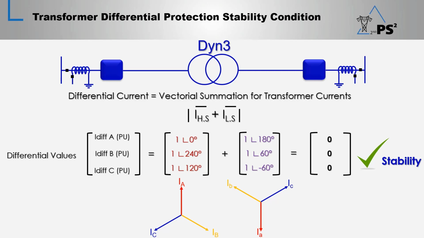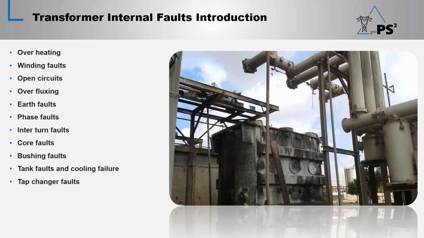And finally, for the last phase, 1 angle 120 plus 1 angle minus 60 will equal also 0. So in this case, it is a stability condition for the transformer, and the transformer would be stable without any tripping by mistake or maloperation of the relay.